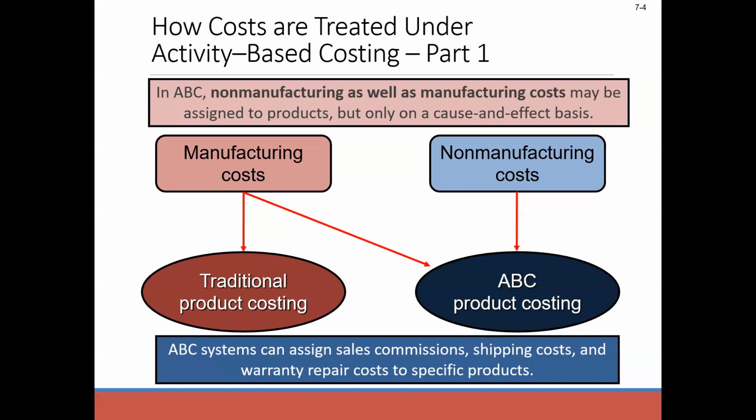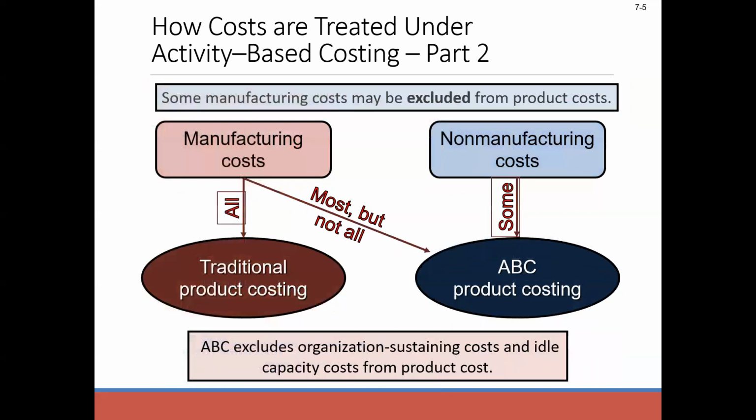So it can be used in either method. ABC can assign values to sales commissions, shipping costs, and warranty repair costs associated to specific products.